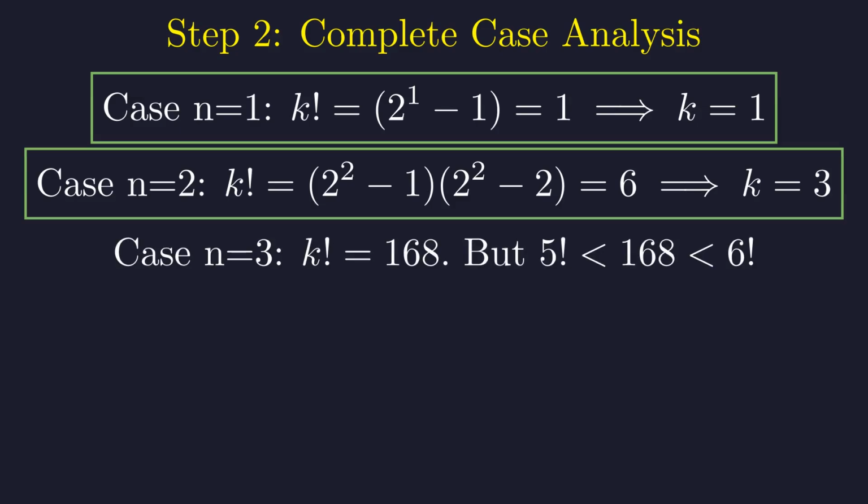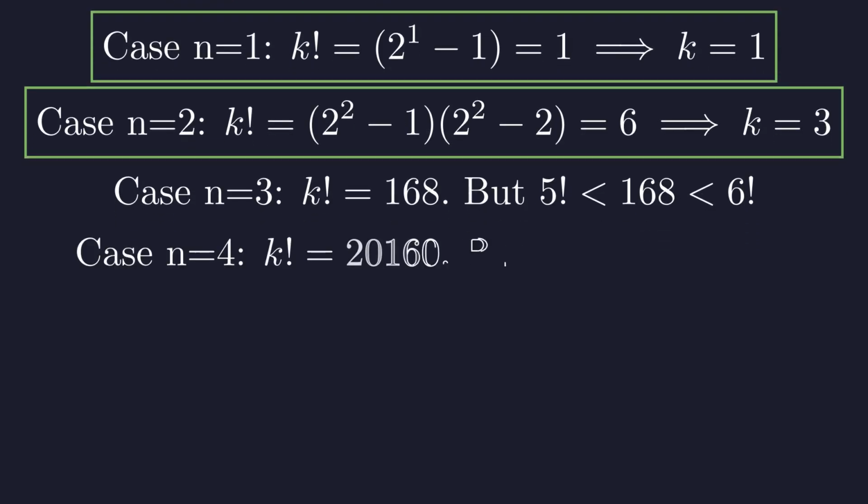When n equals 3, the product evaluates to 168. This number lies between 5 factorial and 6 factorial, so it cannot be a factorial. Thus, there is no solution for n equals 3. Similarly, for n equals 4, the product is a large number that falls between 7 factorial and 8 factorial.